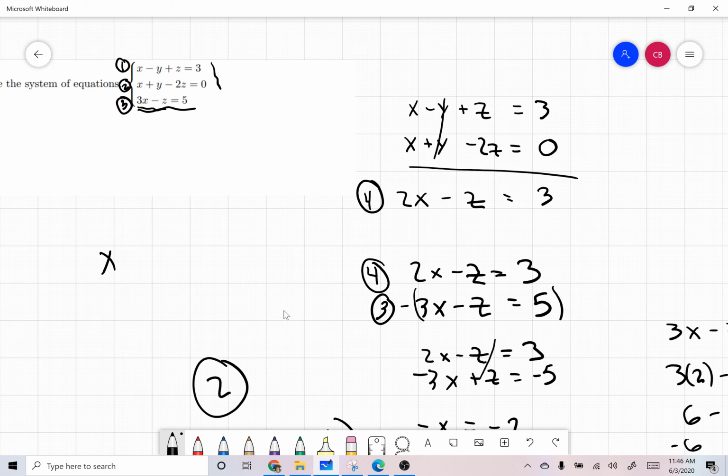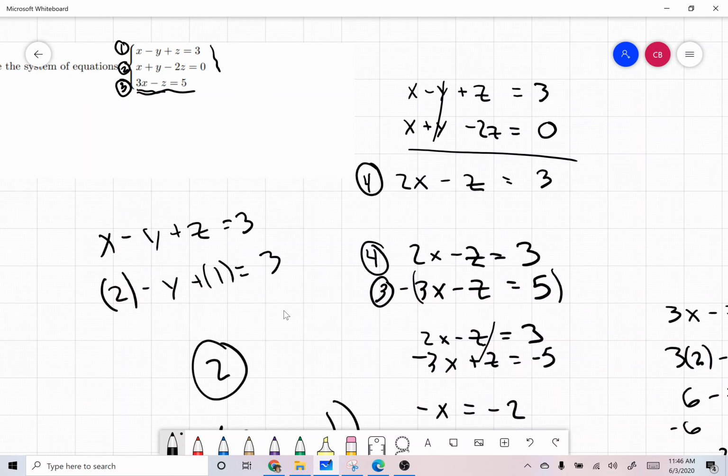And finally we have x minus y plus z is equal to 3, which is 2 minus y plus 1 is equal to 3. I'm just substituting the 2 and the 1 we've got. And this gives negative y plus 3 is equal to 3.